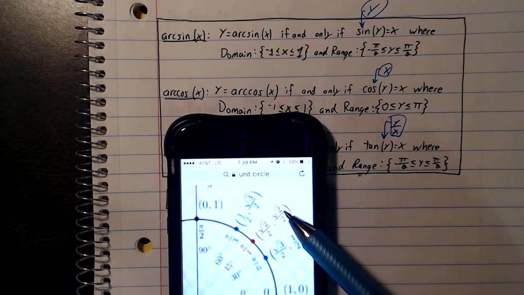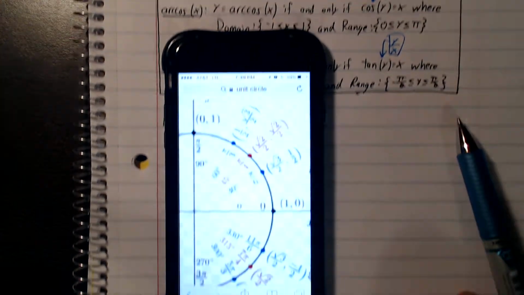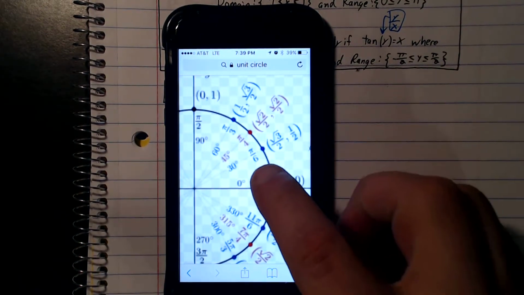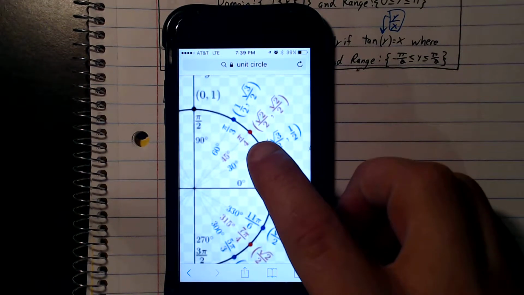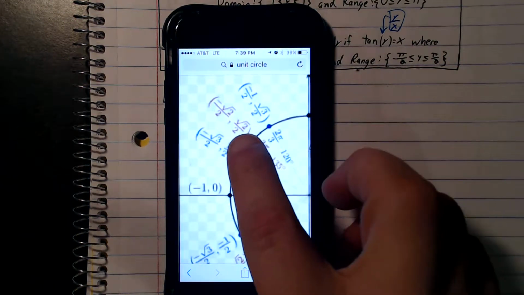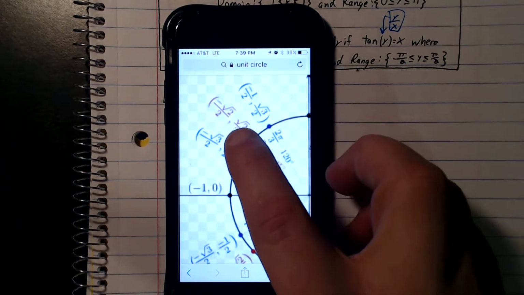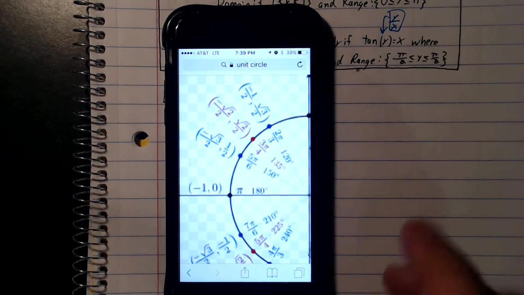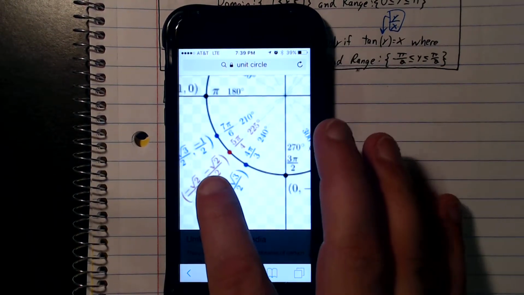And I have it right here, root 2 over 2, positive. That happened at pi over 4, but it happens again too. Over here, we get y is positive root 2 over 2 at 3 pi over 4. Everywhere else it's negative.